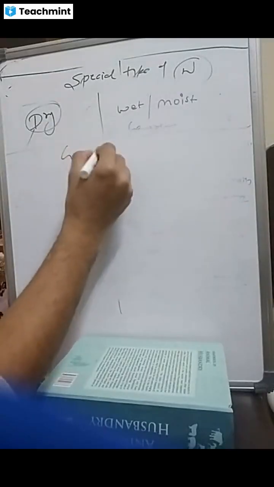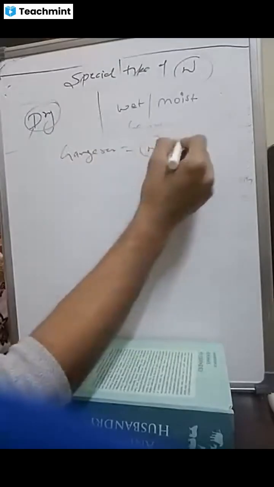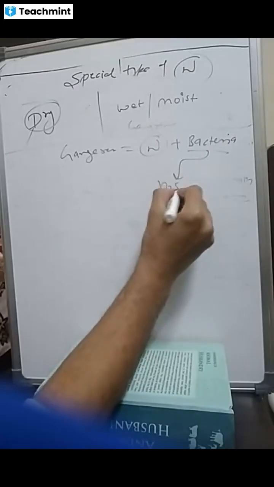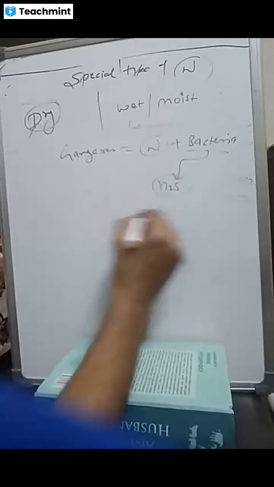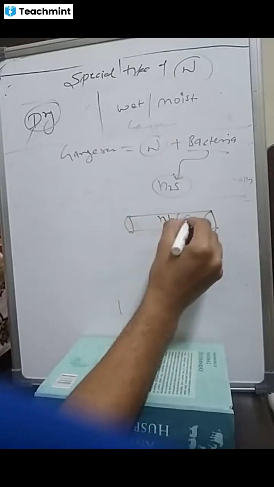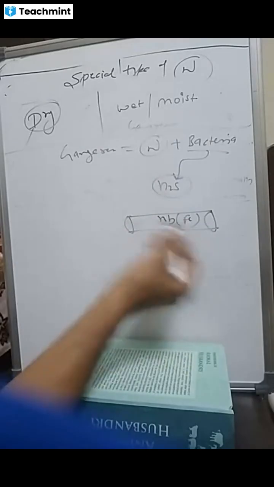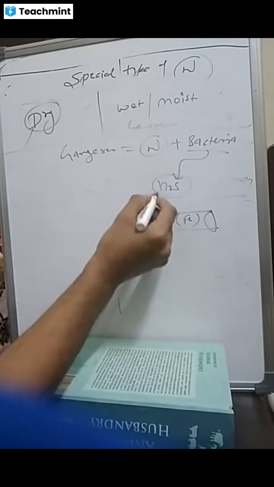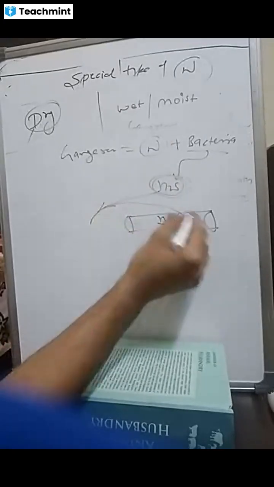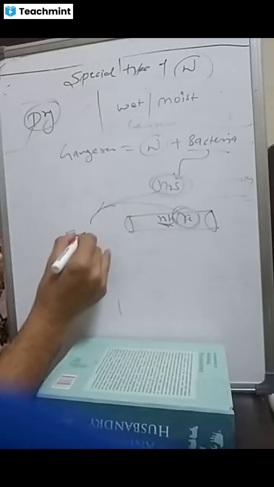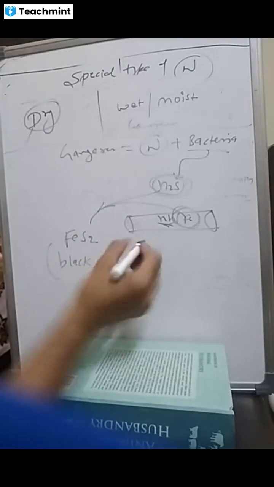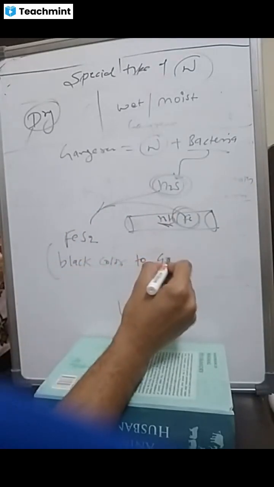Then, in both cases, as we know, gangrene equals necrosis plus bacteria. Bacteria will release H2S. In the tissues, we have hemoglobin, which is giving oxygen. So this H2S will react with iron, which leads to iron sulfide, FeS2, giving black color to gangrene.